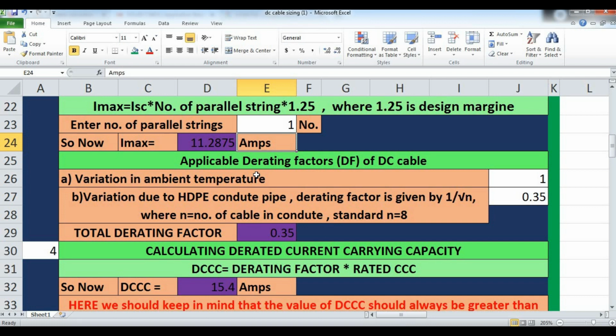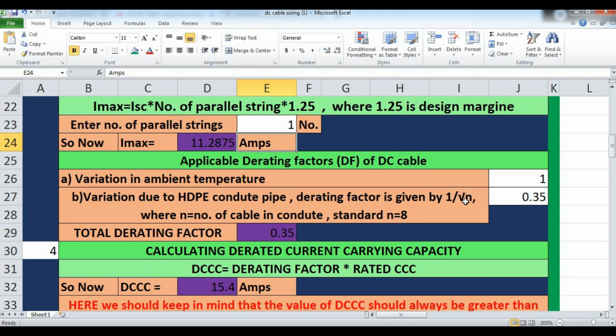So what is n? n is the number of cables inside the conduit. Depending on how many cables we are using inside a single conduit, we select our derating factor. As we have taken n equal to 8, 8 cables are going through a single conduit. By putting that in this formula, we get our derating factor as 0.35.